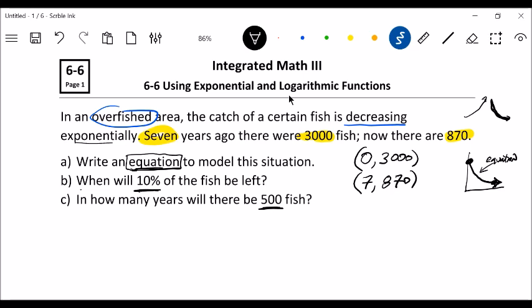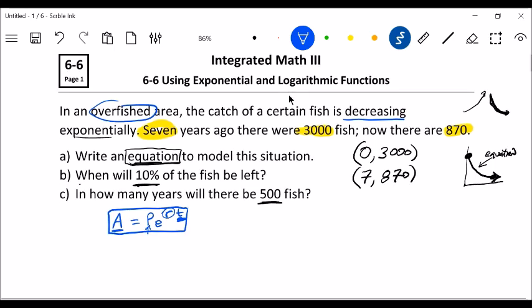Well, there's a formula for this. The formula for this is A equals P e^(rt). So the amount at a certain time, the A and the t, is based on that time and a rate, and the original amount, P, is the principal amount.